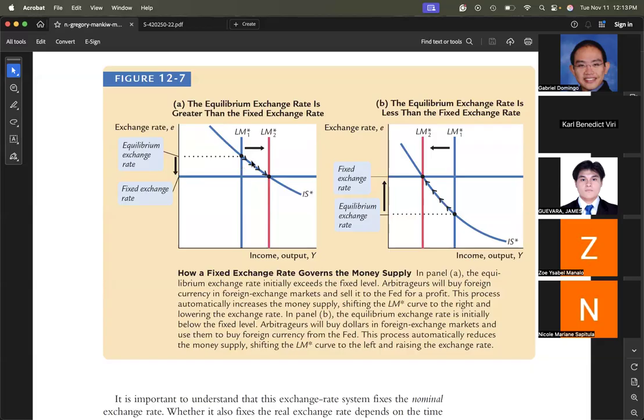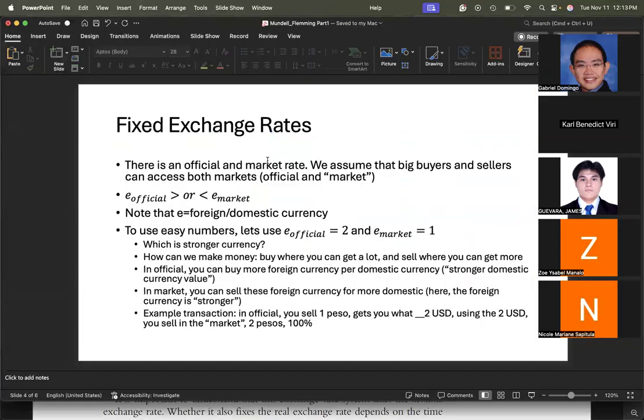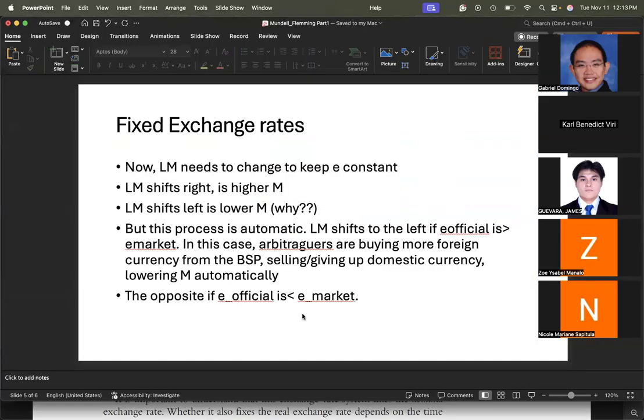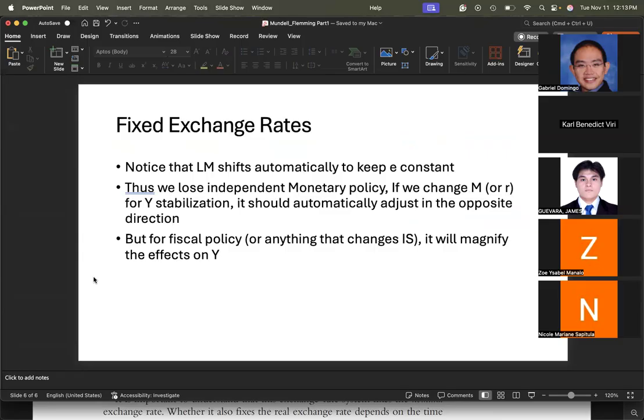And then the LM curve will shift to the right. Okay, so this is an automatic process. Okay, depending on the relative value of E-official to E-market. So notice that the LM curve will shift automatically to keep E constant.